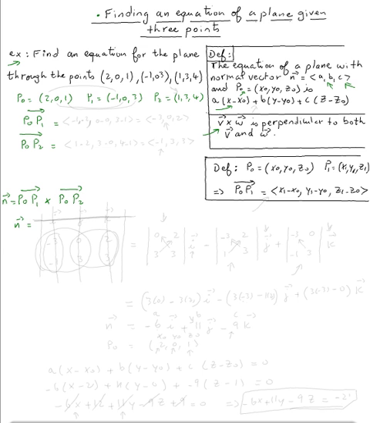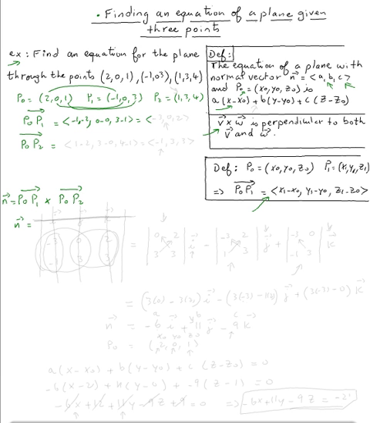What is P0P1? Using the definition, it's negative 1 minus 2, 0 minus 0, and then 3 minus 1.